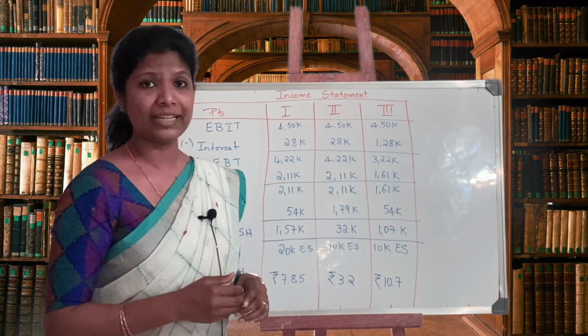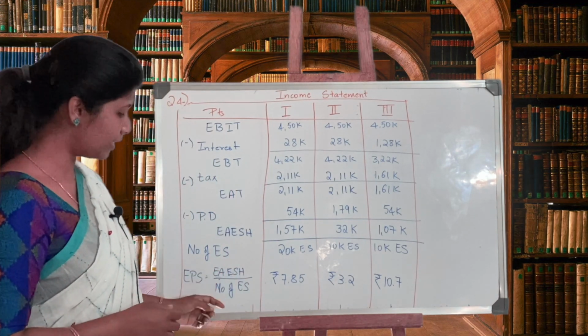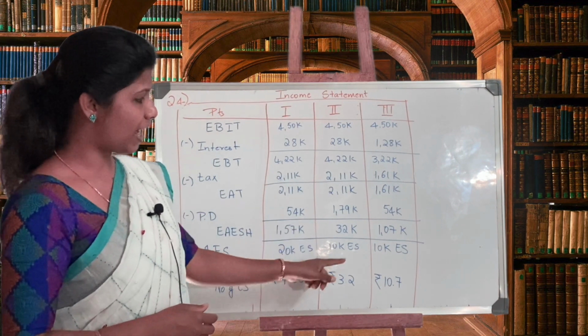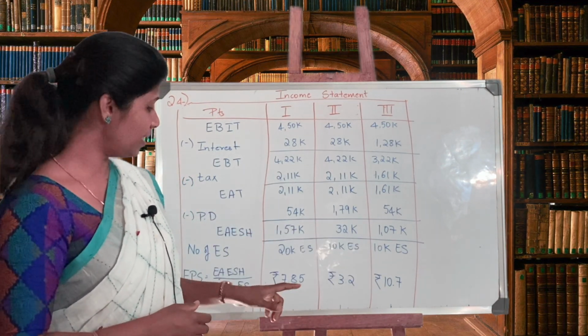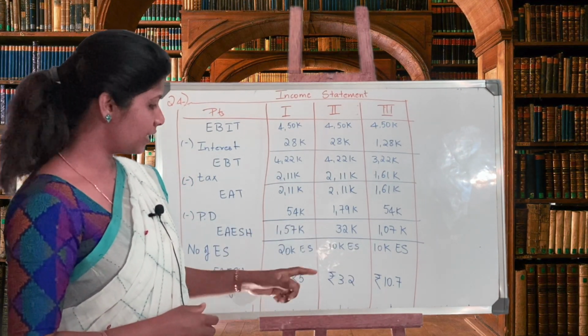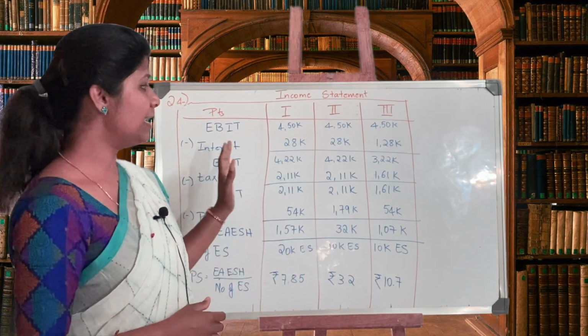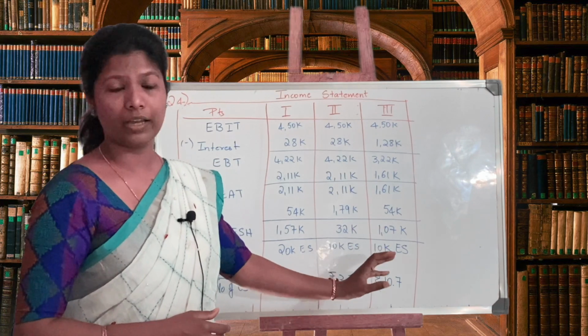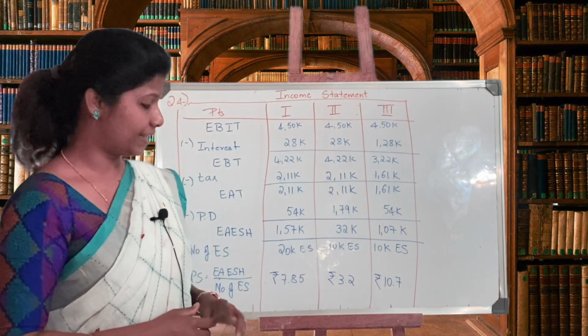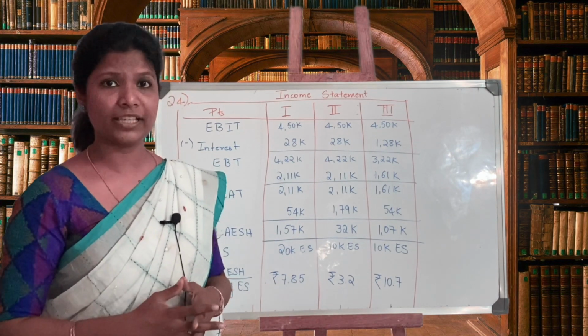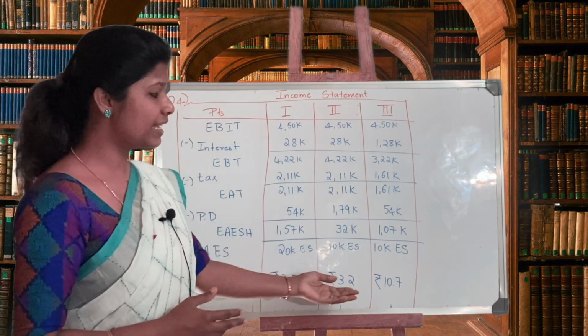How do we calculate EPS? Earnings divided by number of equity shares. Once we divide these values for each of the plans, we arrive at 7.85 rupees, 3.2 rupees and 10.7 rupees respectively. These are the EPS for each of the plans. Now as we observe all the 3 plans, the highest EPS is 10.7.